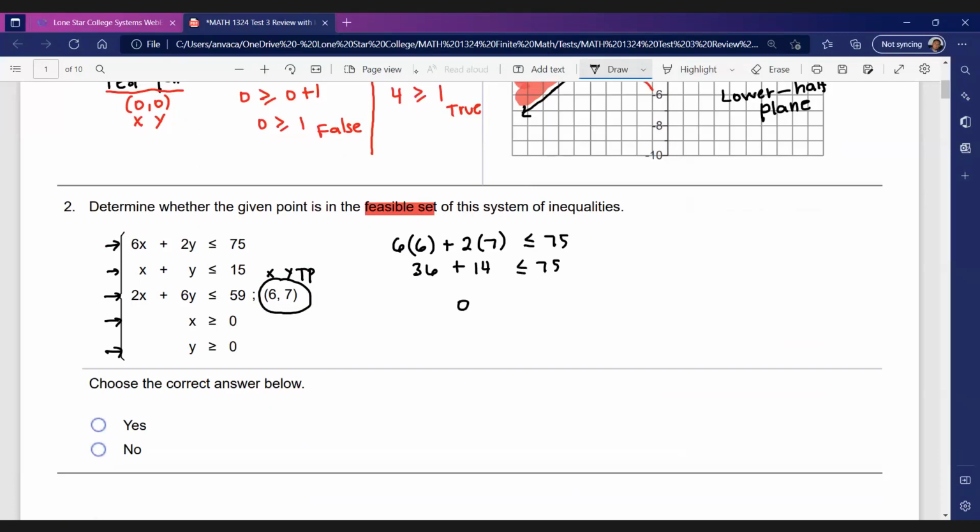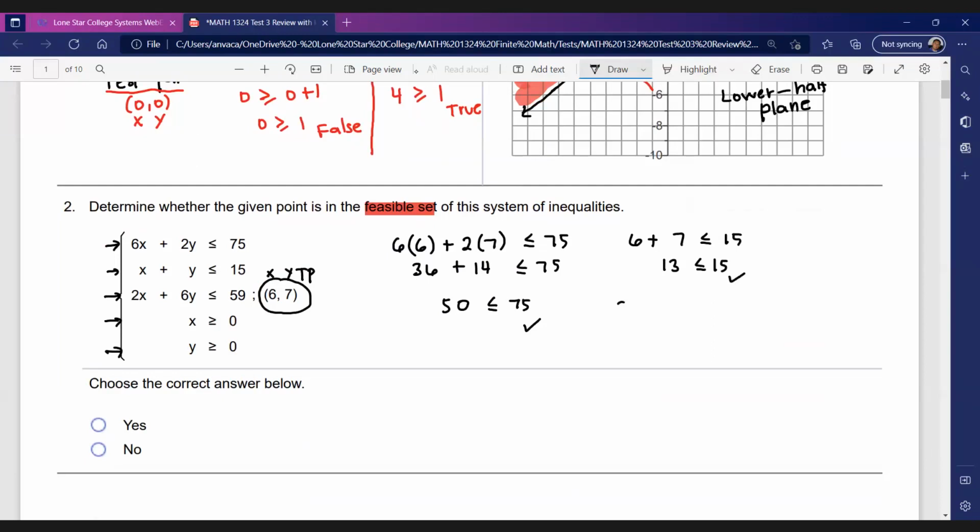Carry a 1, 3 and 4, that will make 50. And 50 is in fact less than 75. So this is true. Plugging it into the second inequality, we have 6 plus 7. Is it less than or equal to 15? 6 plus 7 is equal to 13. And again, this is also true.